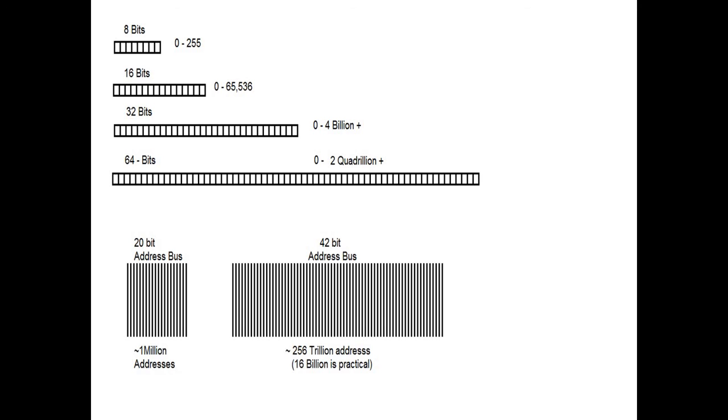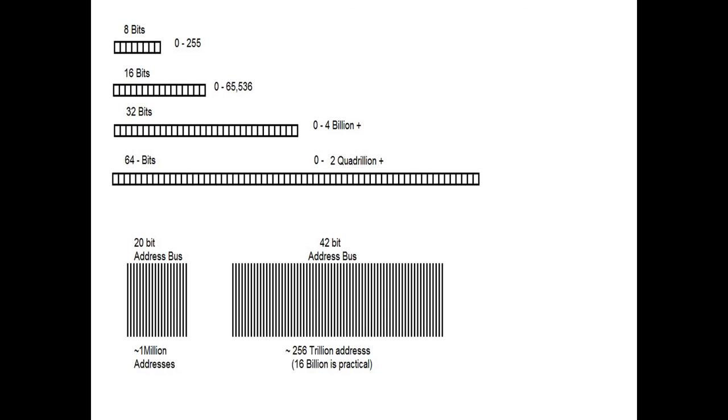But it wasn't long until they came out with a 16-bit computer that could hold a number 0 to over 65,000. Nowadays, there are 32-bit and 64-bit computers. 32 bits can hold a number between 0 and over 4 billion, and 64-bit computers can hold a number from 0 all the way up past 2 quadrillion.